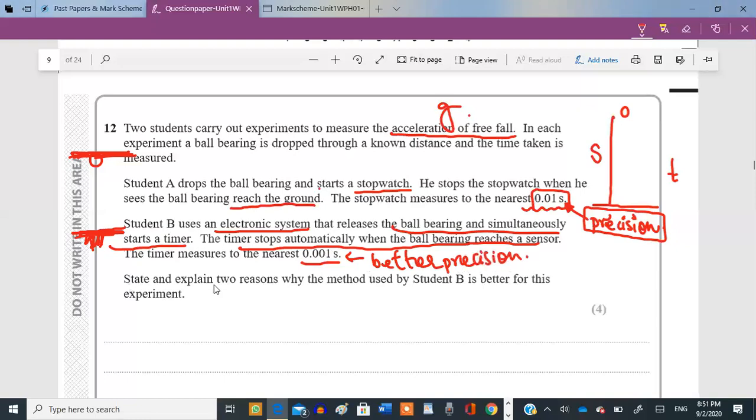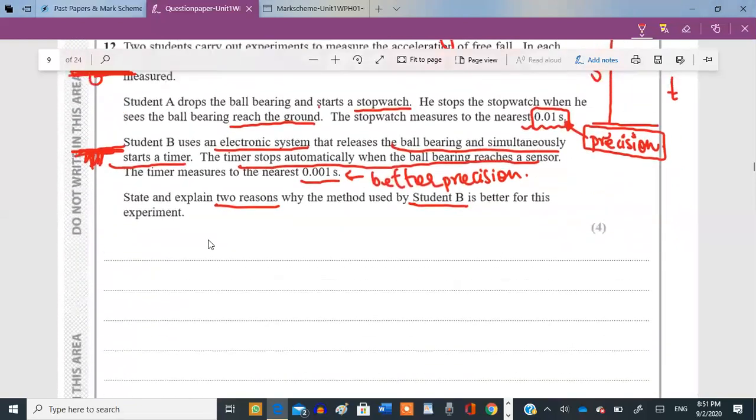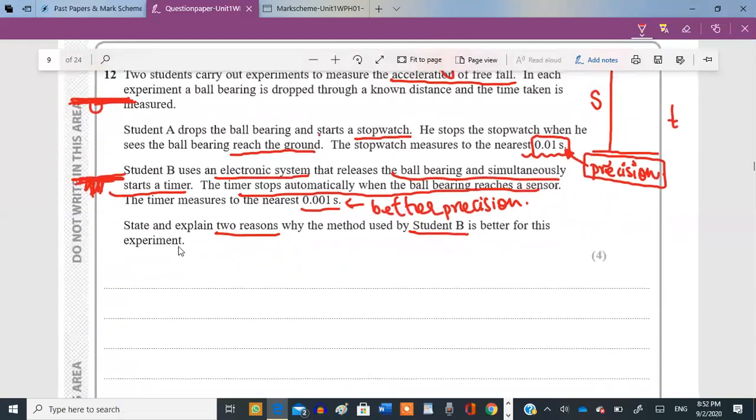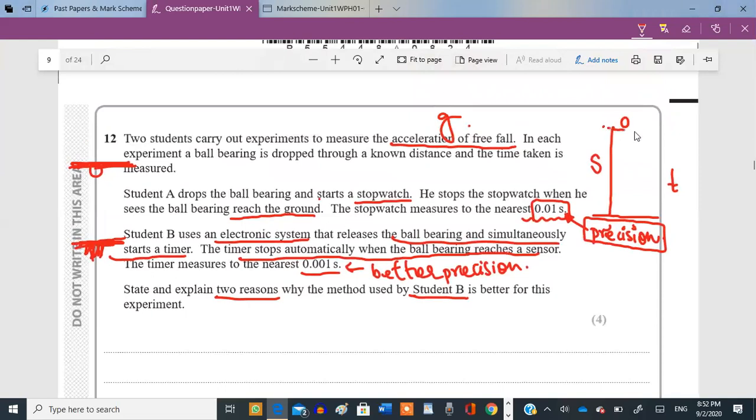Now the question says, state and explain two reasons why the method used by student B is better than for the experiment. So we need to suggest and explain two reasons why student B's method is better than student A's method. First of all, when student A drops the ball, it's very unlikely that he would drop the ball from rest, because as soon as a person drops a ball, inevitably he might apply some force on it, and the initial velocity of the ball might not be zero, right?